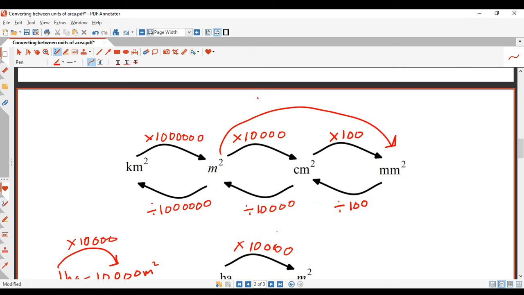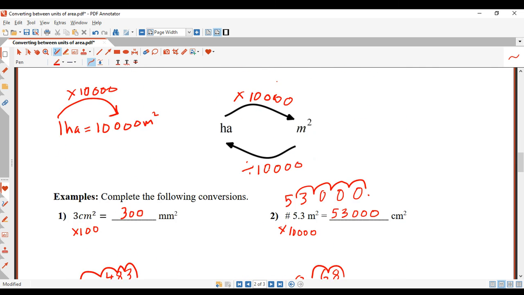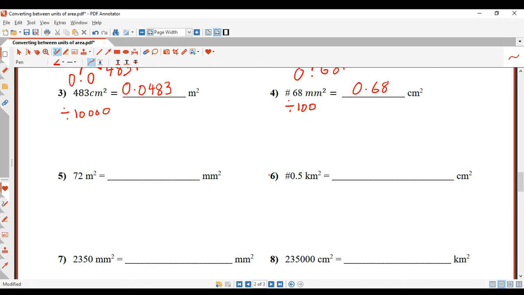And to do that 1 jump, I'm going to include all of the zeros here and all the zeros here. That's 6 zeros. So 1, 2, 3, 4, 5, 6. Okay, so I'm going to move the decimal point 6 places to the right with my question. Timesing by 10,000 and timesing by 100 is the same as timesing by 1,000,000 in one go. So let's do that.